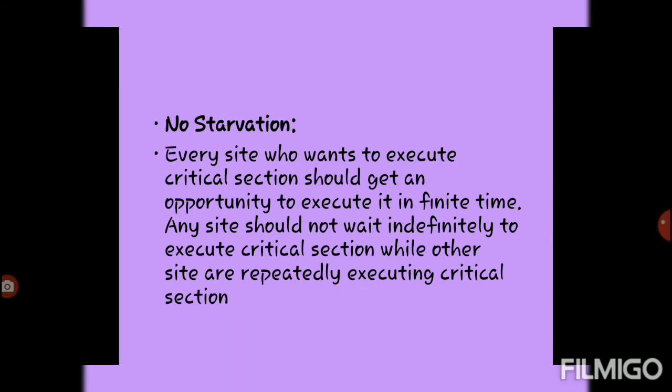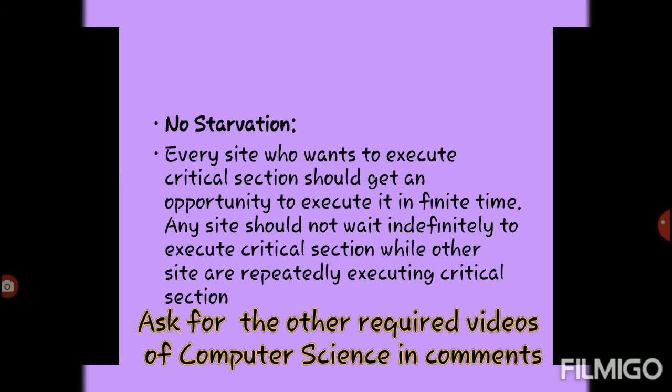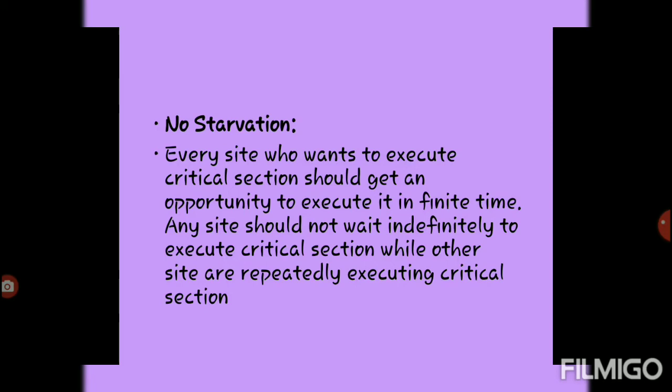The next one is no starvation. Any process should not wait indefinitely to enter the critical section. The critical section is the area in which no other process can enter; only the current process can be executed. Instead of saying critical section, I say resource.